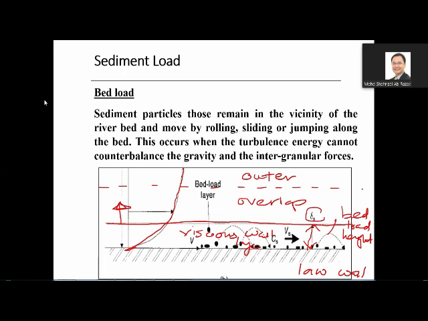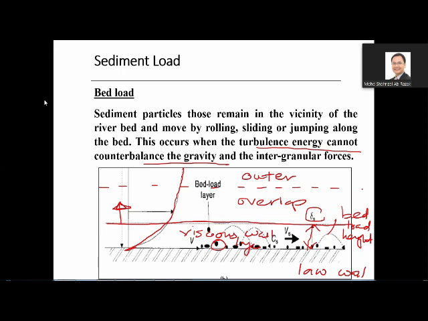So because the turbulence energy cannot counterbalance the gravity and the intergranular forces, which is the gravity of your particle, the weight of the particle, and also other forces. Last week we learned about the drag force, lift force, and so on.